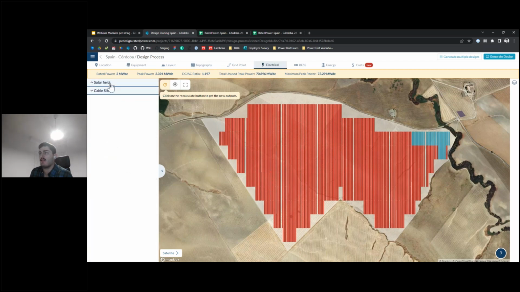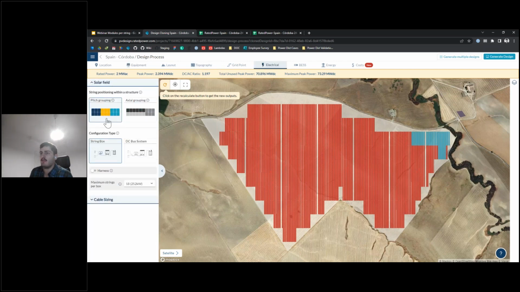If I go here to electrical, and we are assessing the cables with each grouping, we can include what we call the harness. This way we define the strings that are within one structure. We connect them to a harness system, and this harness will be connected to the inverter. So this way we can reduce the number of inputs that are reaching the inverter.